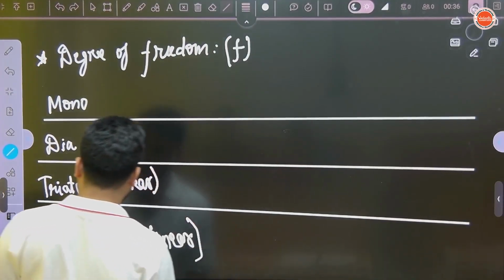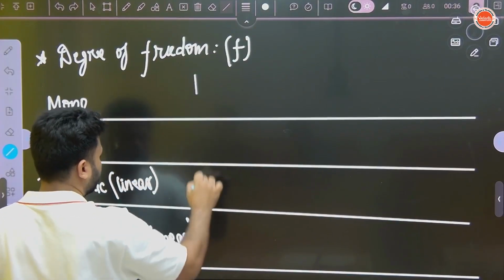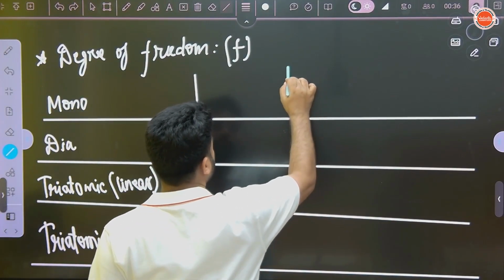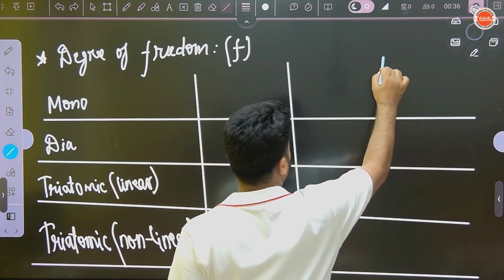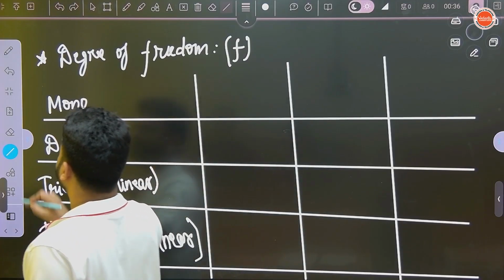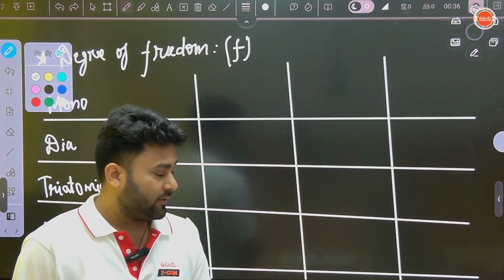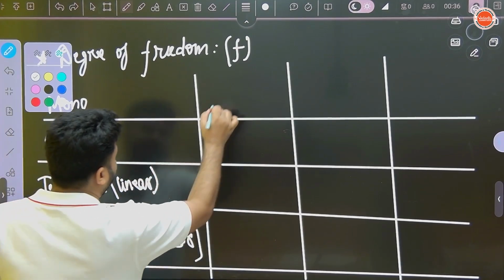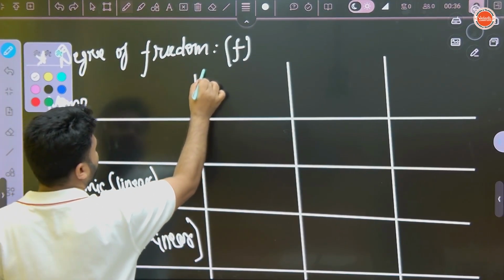They ask what the degree of freedom is. One thing they ask is the translational degree of freedom.